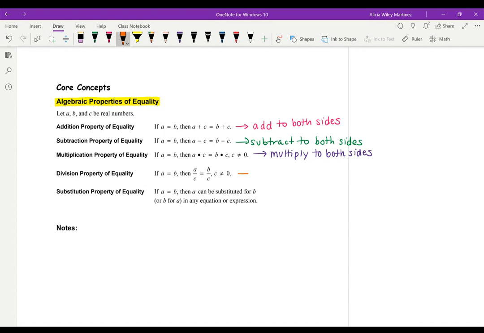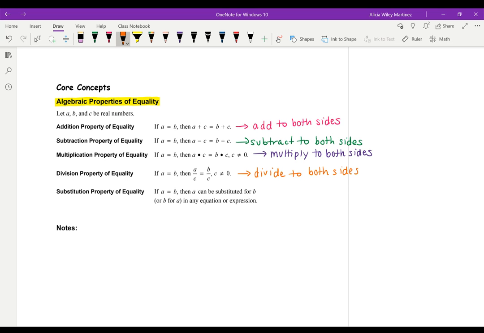And for the division property, it's the idea that you can divide to both sides or on both sides. You can say multiply to, multiply on, it doesn't really matter.